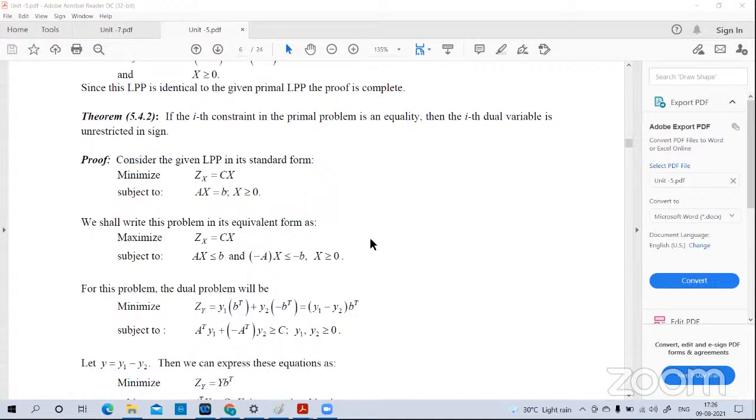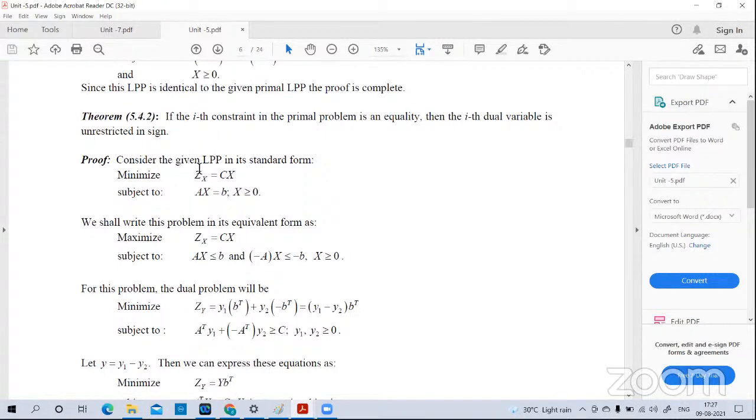Next theorem. Here, if the ith constraint in the primal problem is an equality, then the ith dual variable is unrestricted in sign.